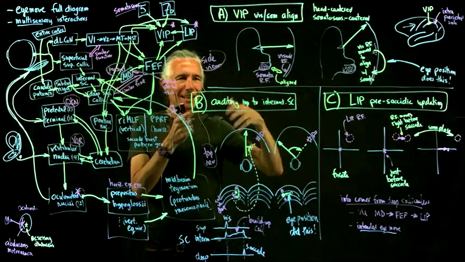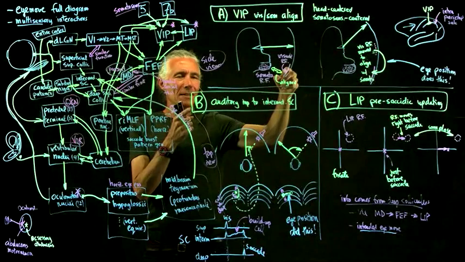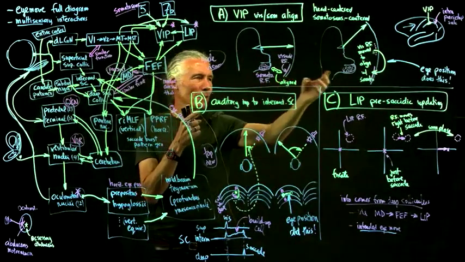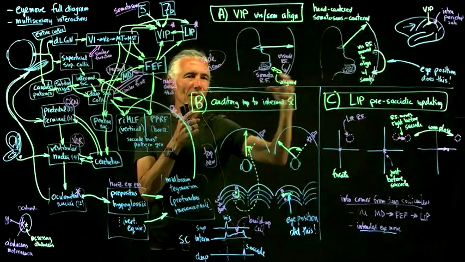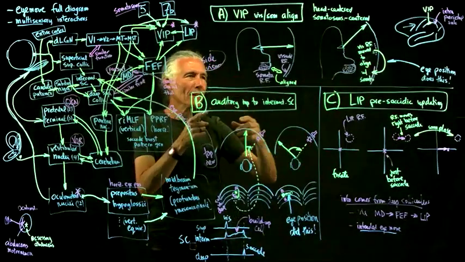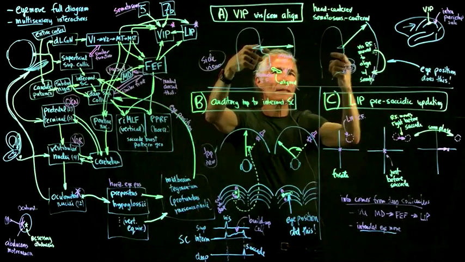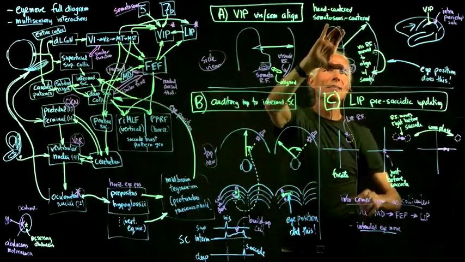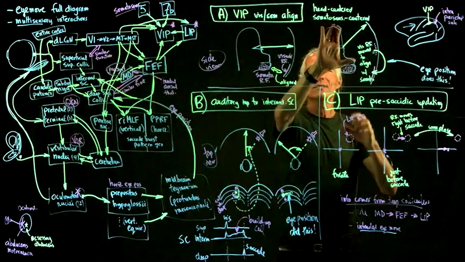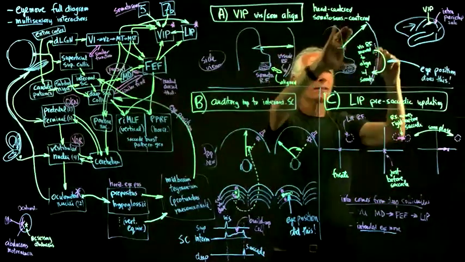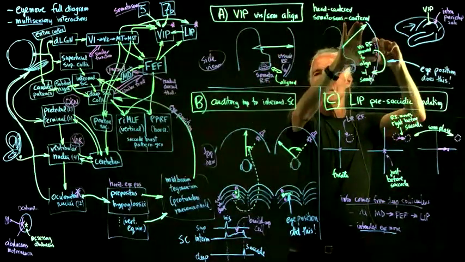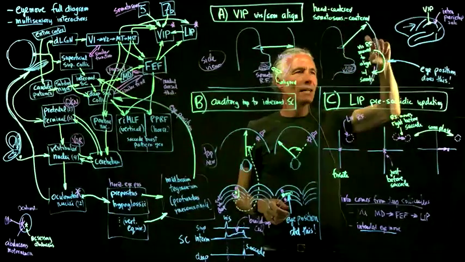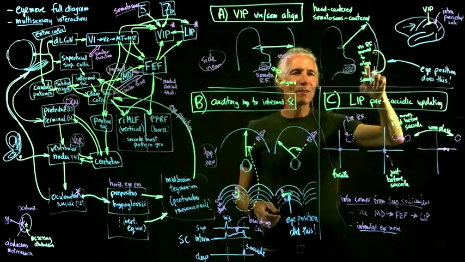We're kind of extending the meaning of it here because in this case, like in the case of VIP, the receptive field can move relative to the retina because the animal has moved its retina. Here's its retina like this. It moved it up like that, and so that should have taken the receptive field with it. The receptive field should have gone up with the retina, but instead, some other information comes in and moves the receptive field relative to the retina.